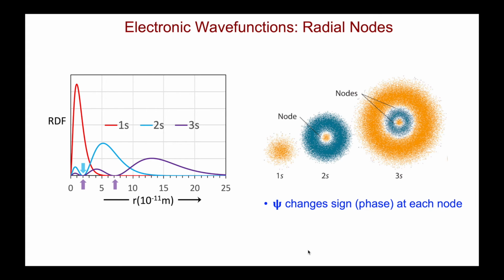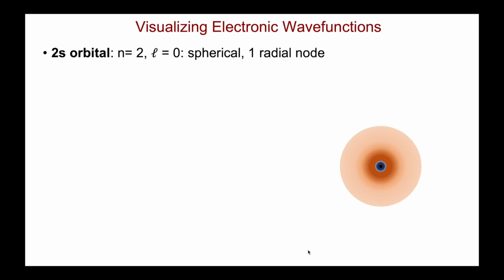To emphasize the change in the sign of psi at each radial node, let's look at the wave functions for the 2s orbital. We know the orbital is spherically symmetric, and it has one radial node.